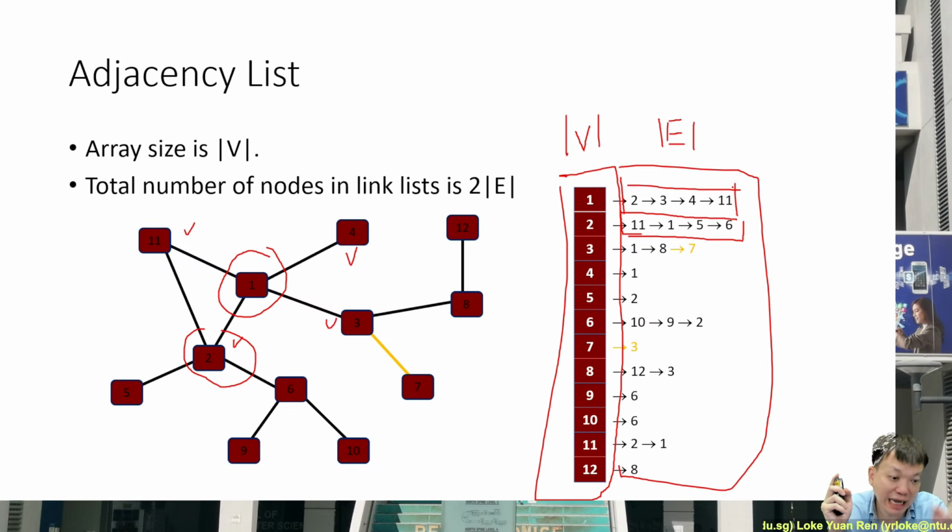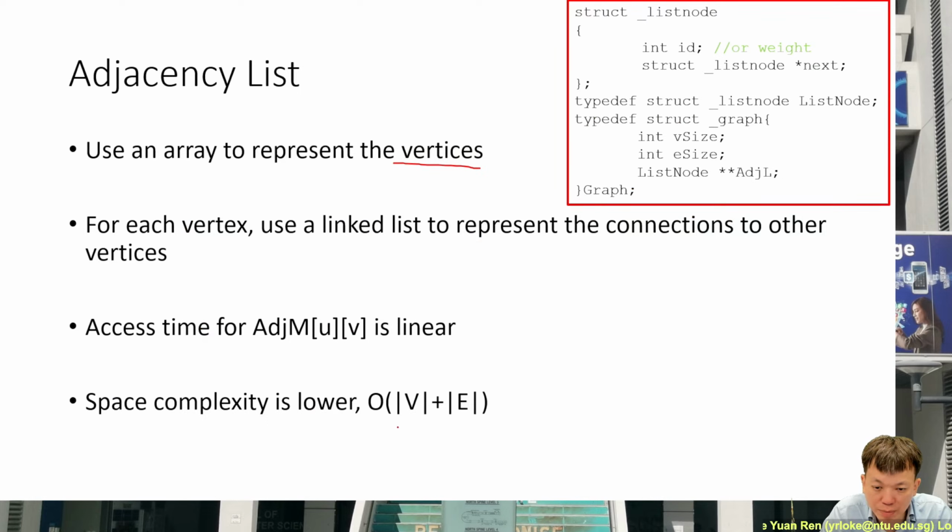If there's an edge, you store more nodes. In what situation can the linked list be empty? If you have a graph with no edges, then the adjacency list only has an array, and all the linked lists are null pointers, empty, because there's no edge. So the space complexity will be V plus E.